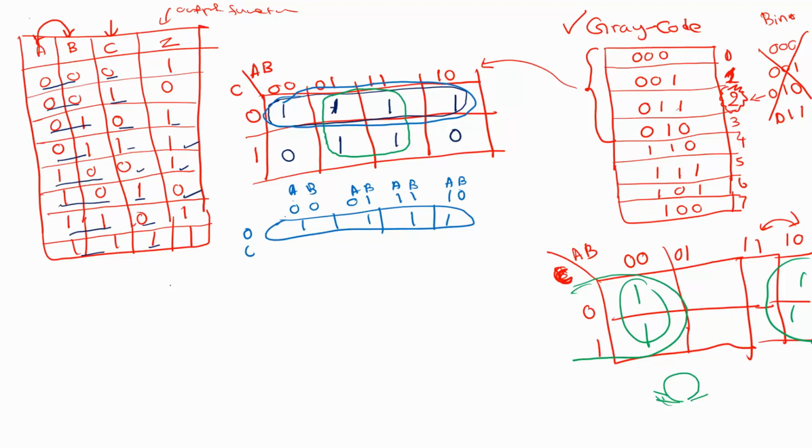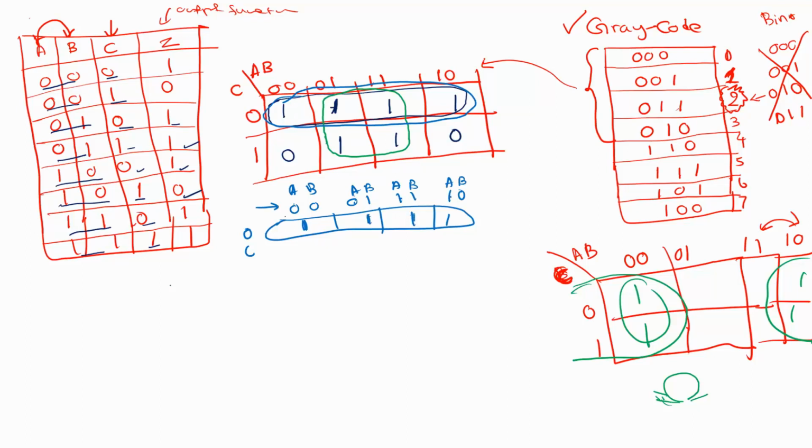Right? So here you see that we have different values, right? If we consider this side, what will happen? Here 1, okay? That means here we have 0, here we have 0, and here we have 1, here we have 1, right?